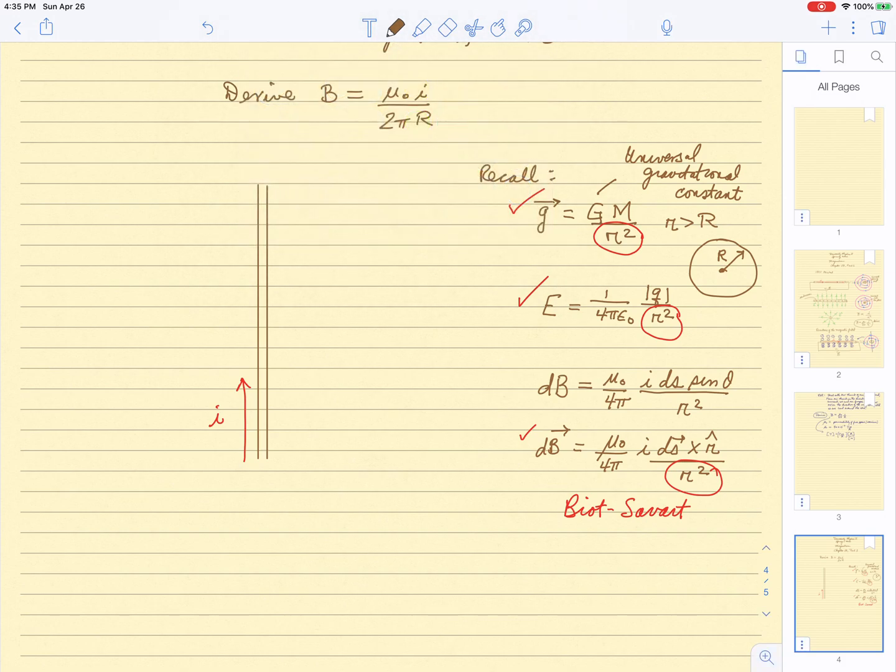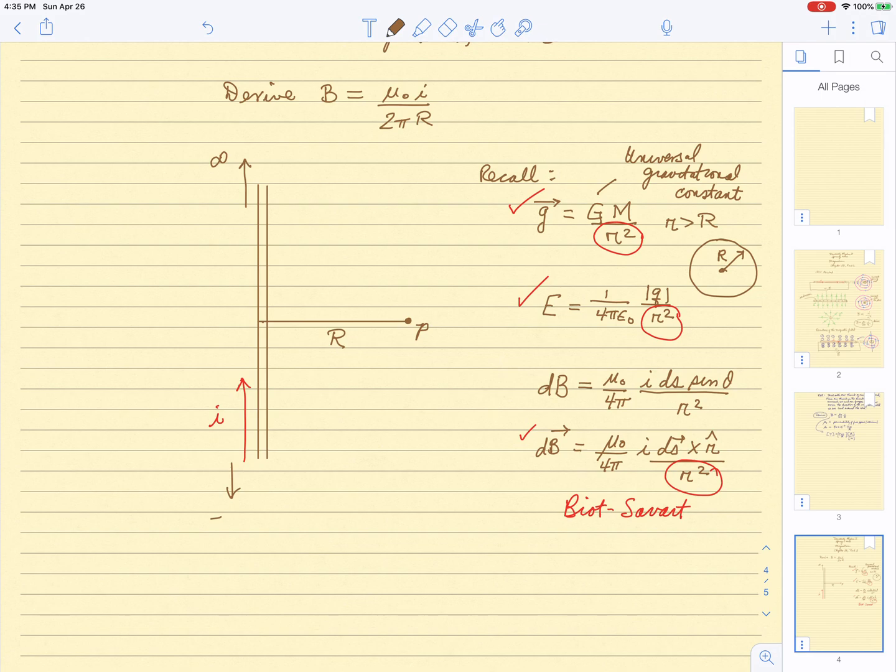So let's go back and look at what we're after here. We're looking at determining the magnetic field strength at point P, a distance r away. And this wire is very long, infinitely long.